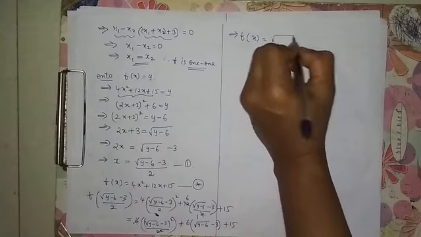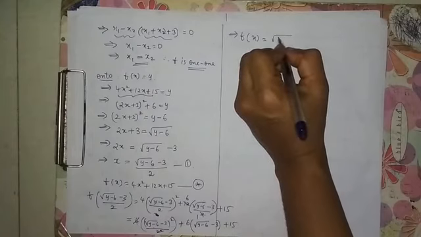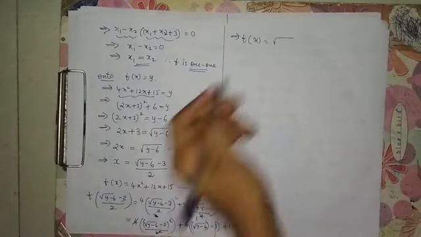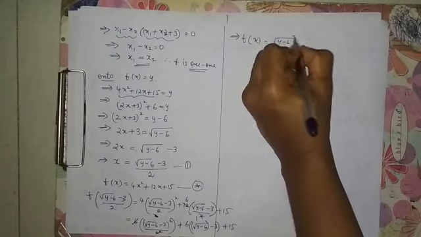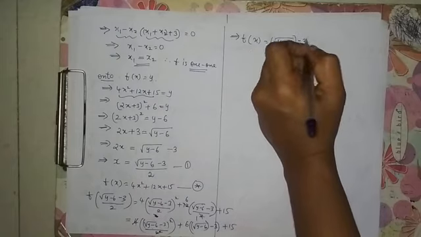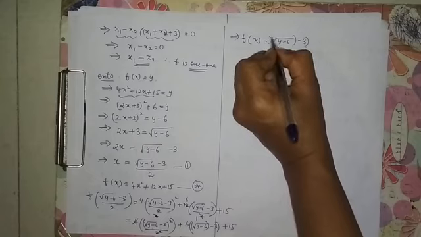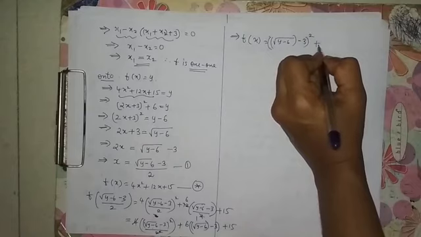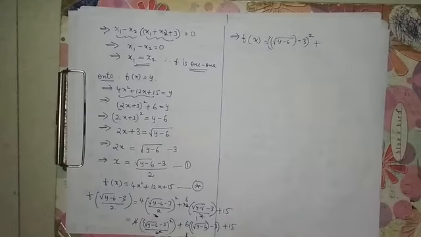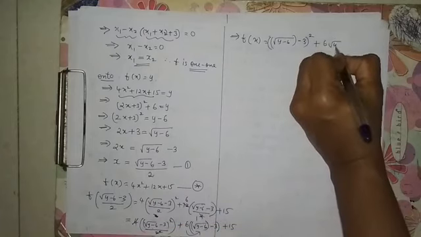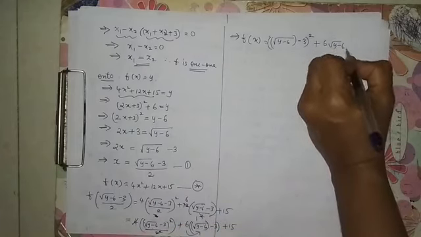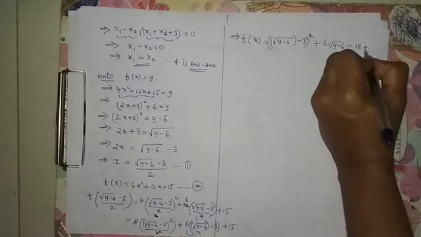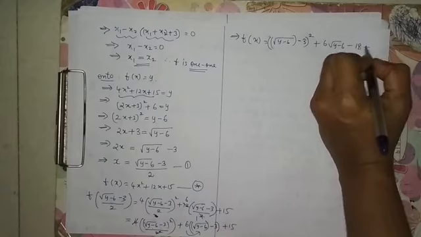(Square root of y minus 6 minus 3) whole square plus, I am multiplying this directly: 6 into square root of y minus 6 minus 6 into 3, what is it, 18, plus 15.